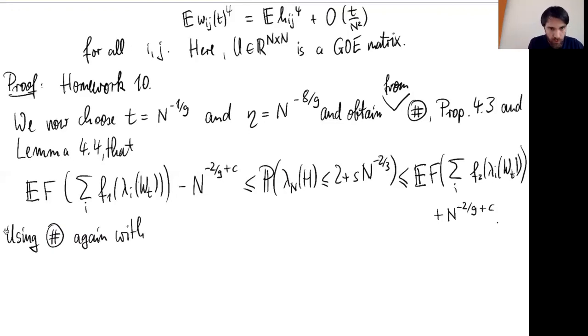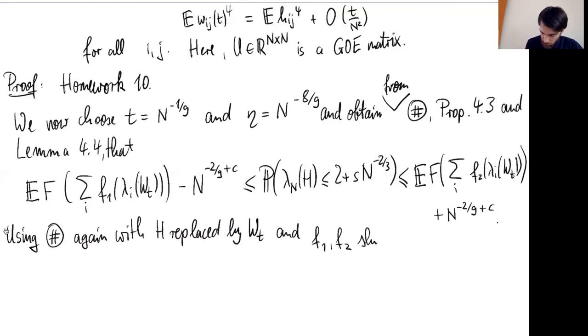So we use sharp again with h replaced by wt, and the function shifted by f1, f2 shifted by plus minus eta.